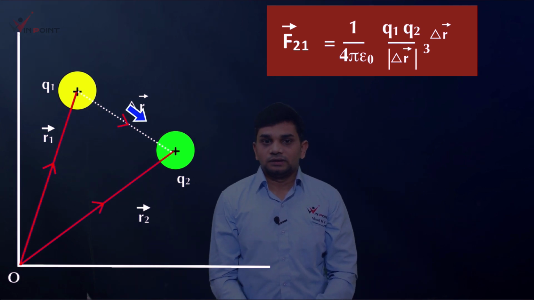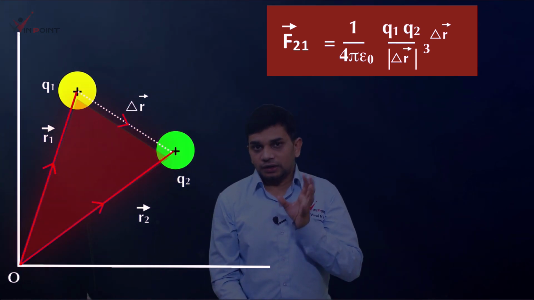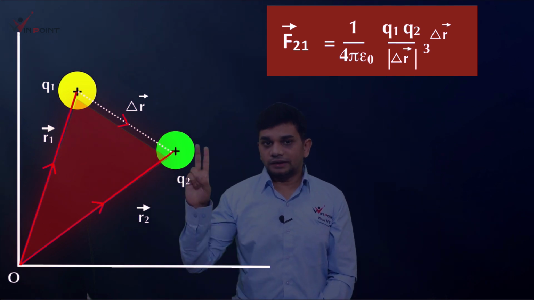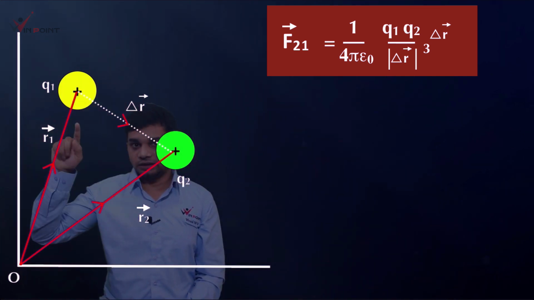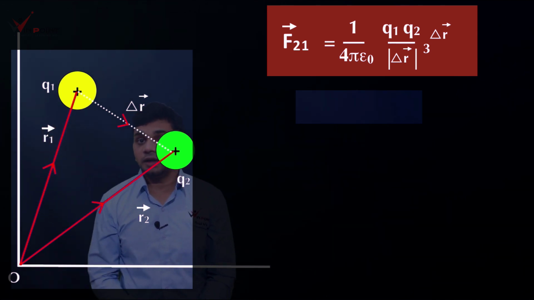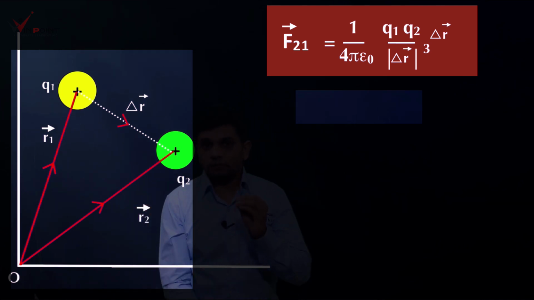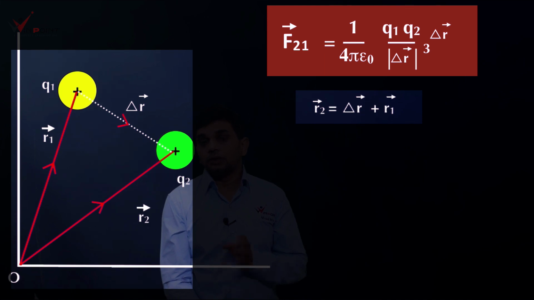Now just observe this triangle. We are going to apply the triangle law of vector addition. The two vectors, vector R1 and vector delta R, are in the same direction. The third side R2 is in the opposite direction. So vector R2 equals vector delta R plus vector R1.